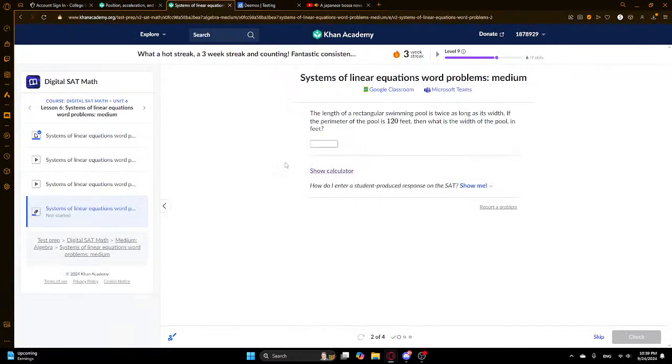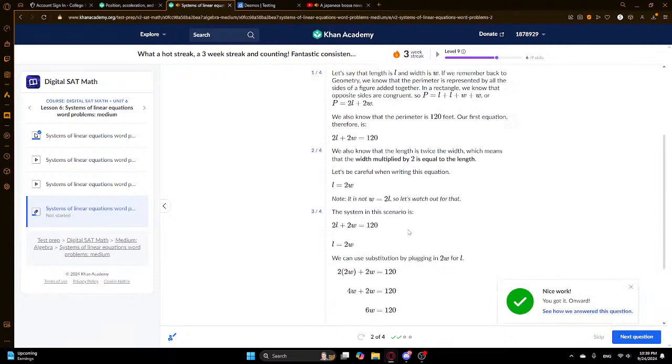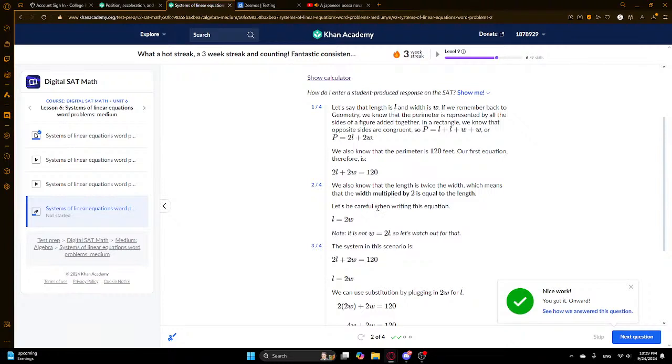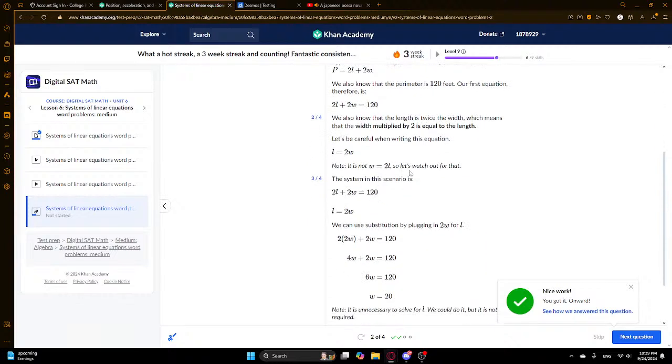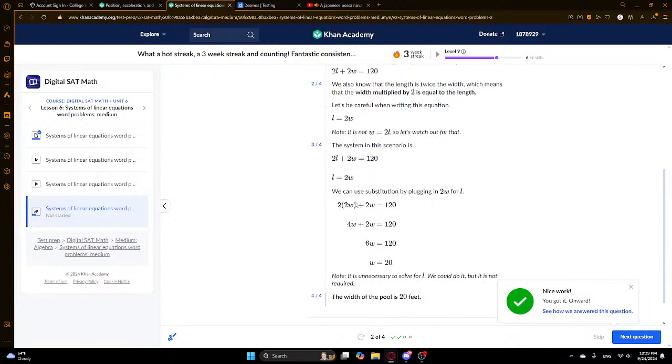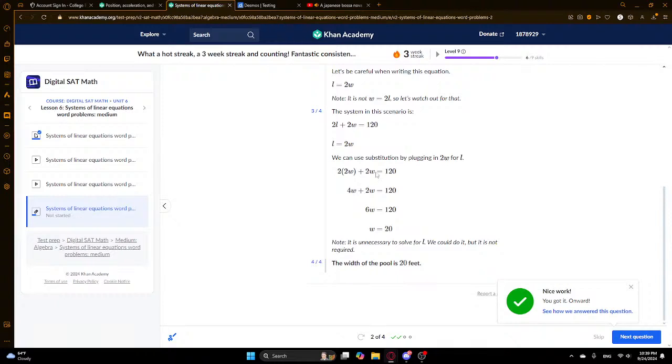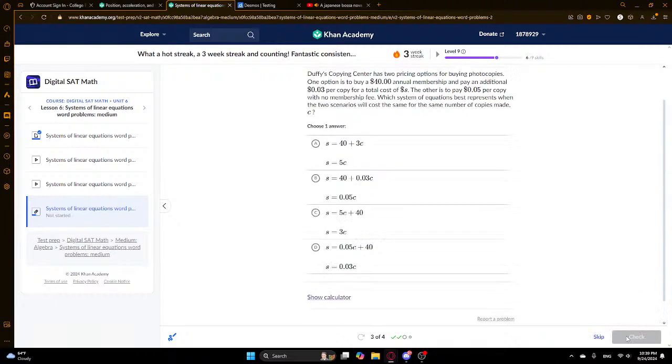Oh my gosh, I'm so dumb. It's 20. We can use substitution by plugging in 2W for L. That makes sense.